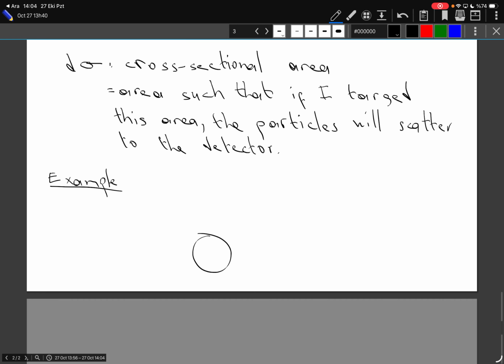Let's say a solid sphere. Now this is probably the simplest example we have. This is the central region. If my impact parameter is, let's say, B, it will hit my sphere at this point. Since it's a solid sphere, it will just bounce with the same angle.